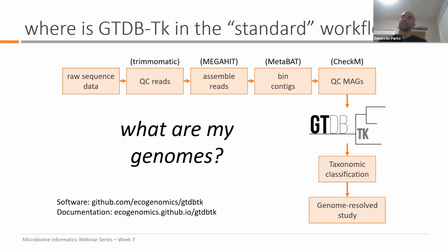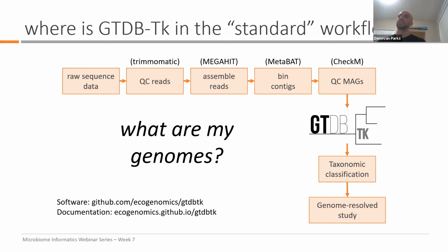So I just wanted to end this talk by going over the GTB-TK. This is just showing where it fits into the standard workflow that was introduced by Dylan, I think about 2 weeks ago. Basically you start with raw sequencing reads, you QC these reads, you assemble them and then bin them into MAGs, and then probably apply some sort of QC to those MAGs to find the subset that you think is good enough to do your study on.